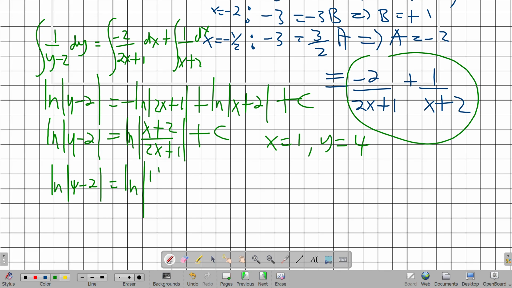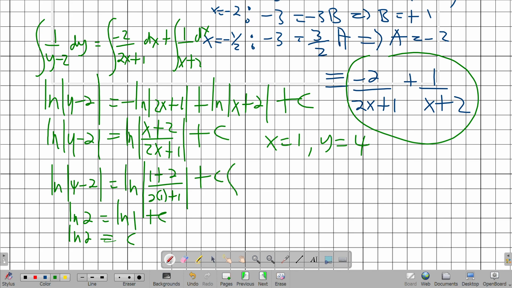I'm going to have 1 plus 2 over 2 times 1 plus 1 plus c, which is natural log of 2 is equal to natural log of 3 over 3, which is the natural log of 1. 1 plus 2 is 3, 2 plus 1 is 3. So that's the natural log of 1 plus c, which means c is just the natural log of 2.